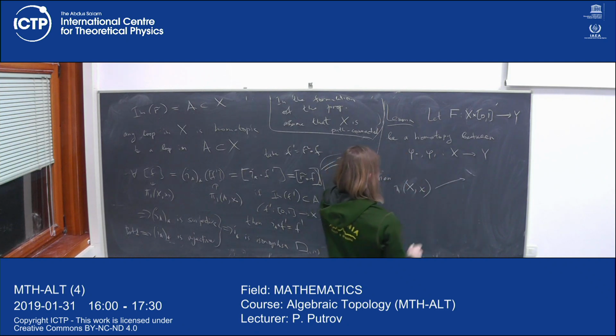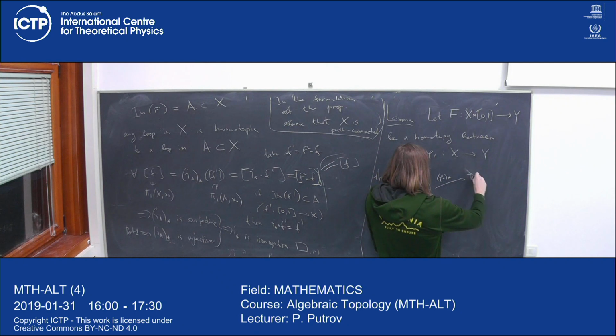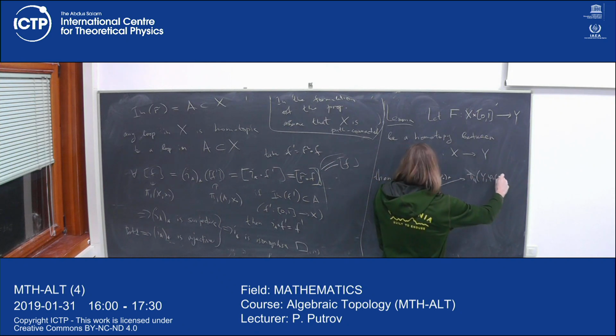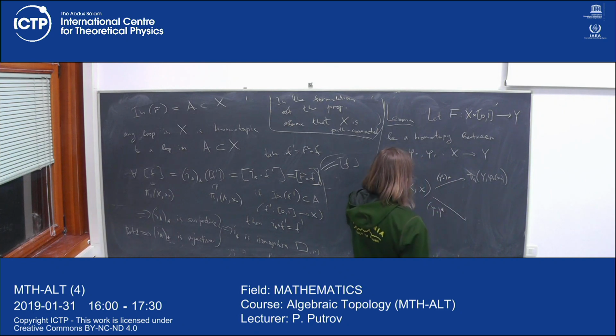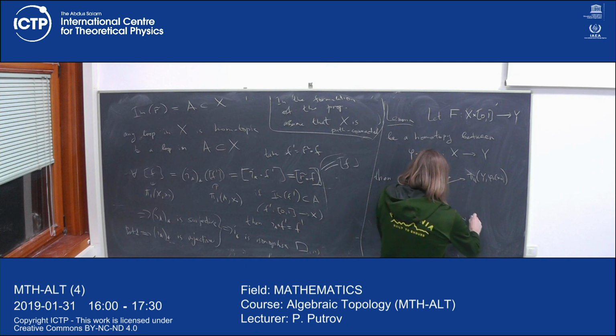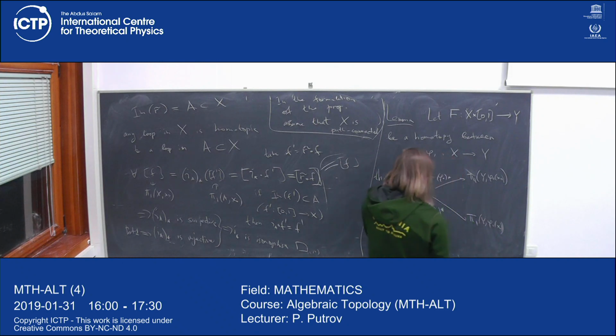The map phi 0 induces the pushforward phi 0 star to pi 1 of Y at phi 0 of x0, and phi 1 induces the pushforward phi 1 star to pi 1 of Y at phi 1 of x0.